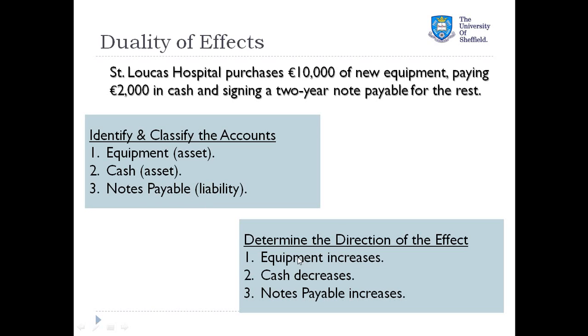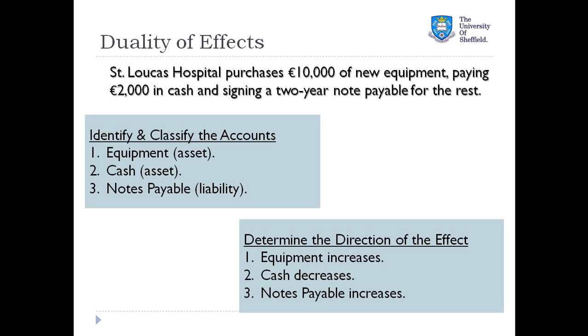The equipment increases. Obviously we're buying new machinery, and how do we buy it? We pay 2,000 euros in cash, so our cash decreases, and we also pay with a note payable. We create a new liability for the rest. So we have a new liability, notes payable in this particular case, that increases.